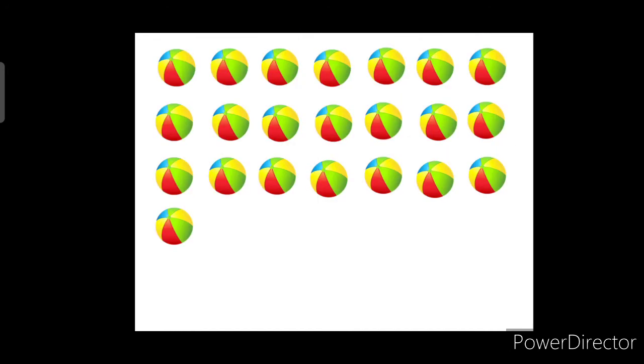Now count how many balls are there. 1, 2, 3, up to 20, 21, 22.